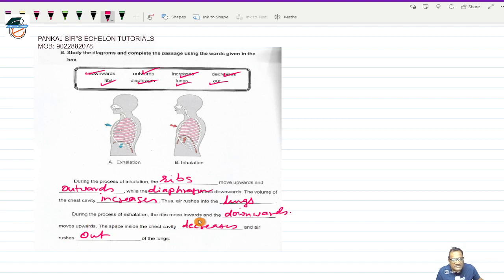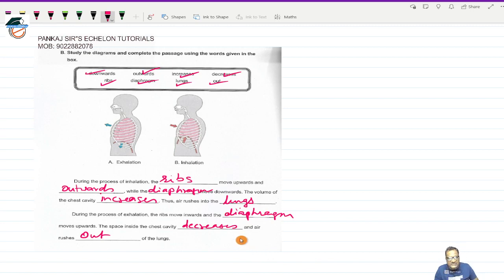The ribs move inwards and the downward moves upwards. What is this rubbish? During the process of exhalation, it should not be downward, it should be diaphragm only. Right, so that makes some sense, right?